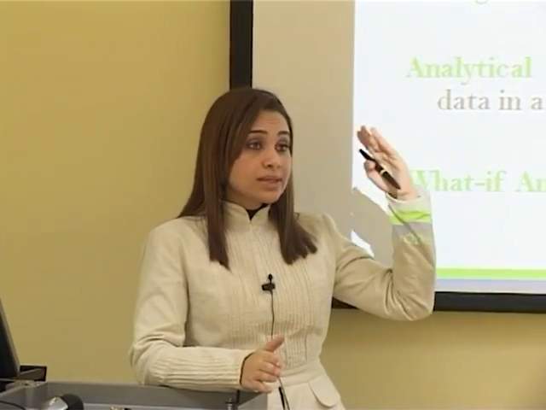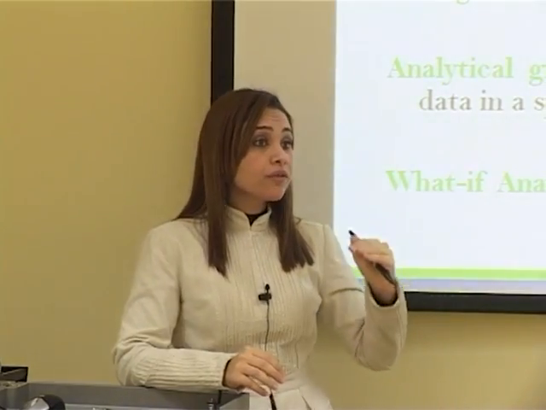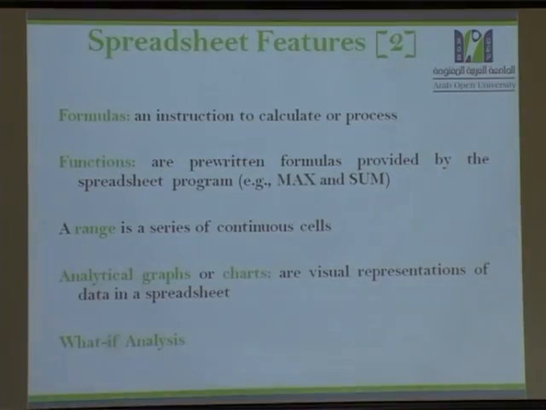Now we have another term called the range. The range is a series of sequential or continuous cells. So when I say compute the sum from cell A1 to A7, this means I will sum the values from cells A1, 2, 3, 4, 5, 6, and 7.